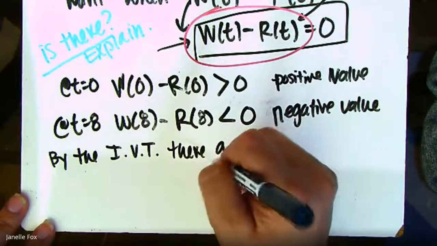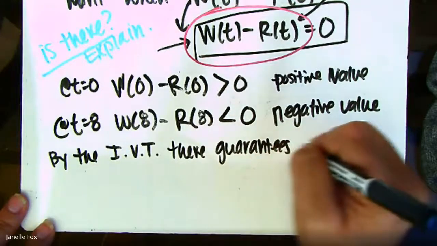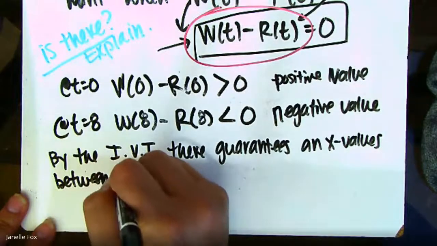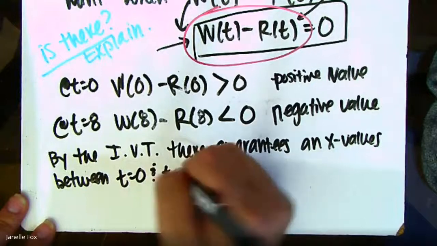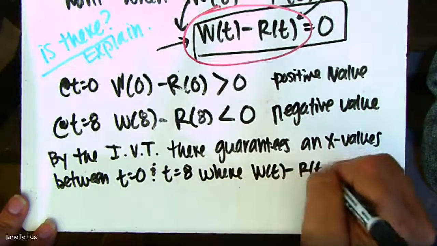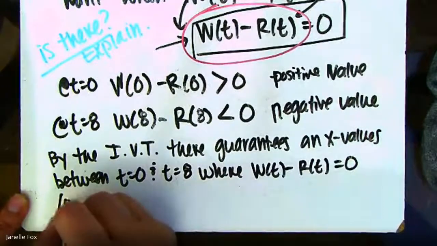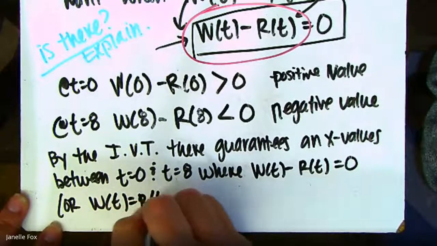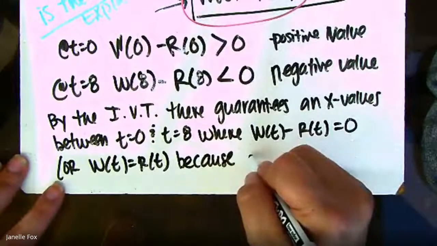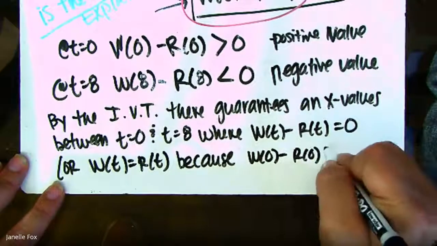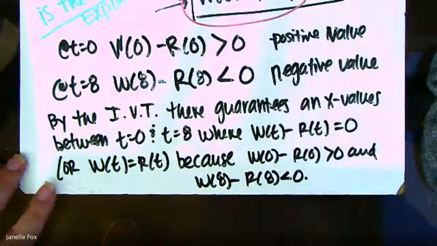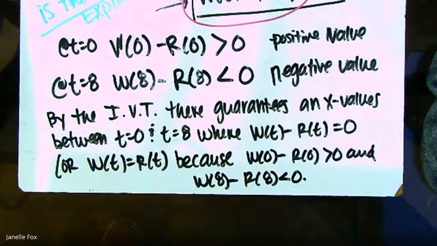I said something like there guarantees an x value between t equals 0 and t equals 8, where W of t minus R of t is equal to 0, or W of t equals R of t, because W of 0 minus R of 0 is greater than 0, and W of 8 minus R of 8 is less than 0. Something like that, okay?